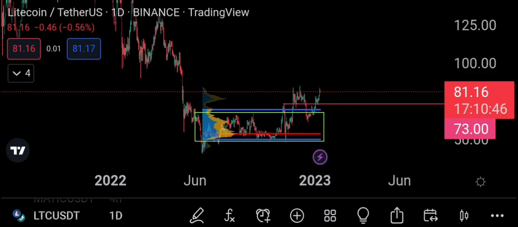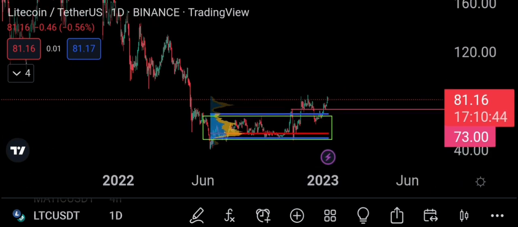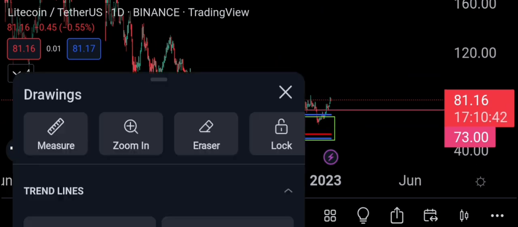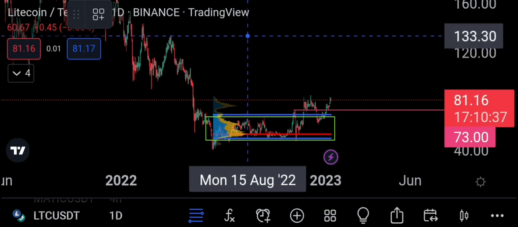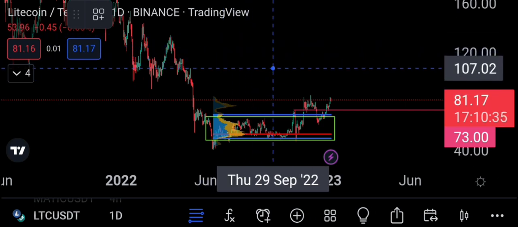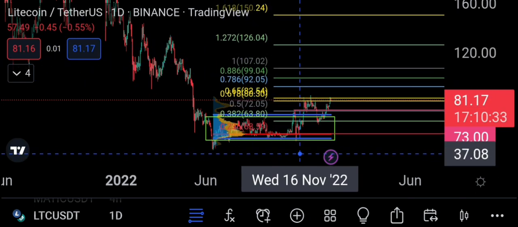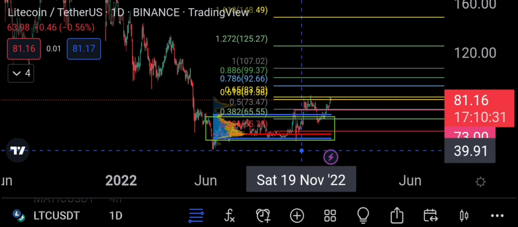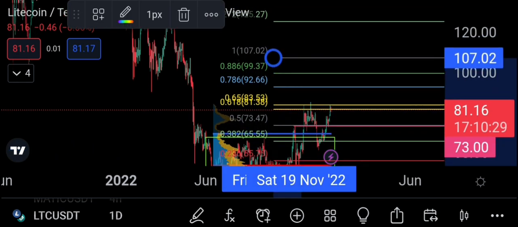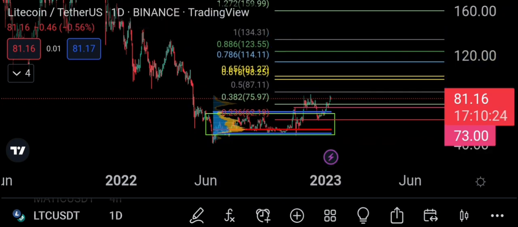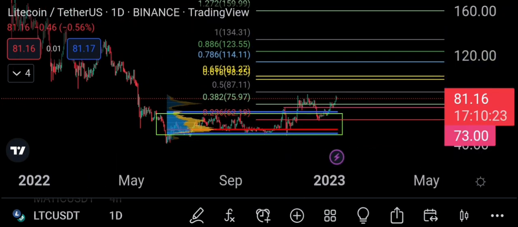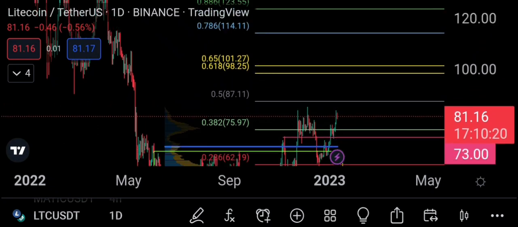And looking at a retracement, if we look at our retracement from one of the peaks over here, where we sold off hard, to the bottom over here, we can see our 0.618 comes around 98 to 101.